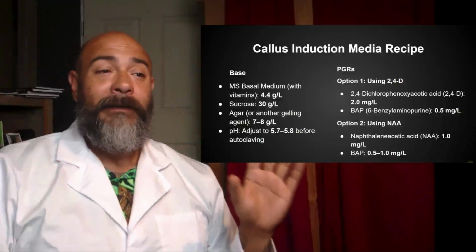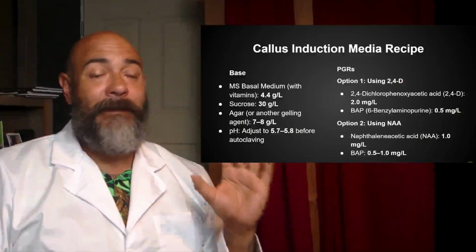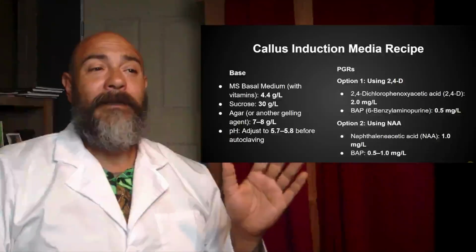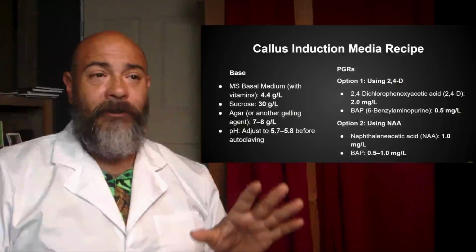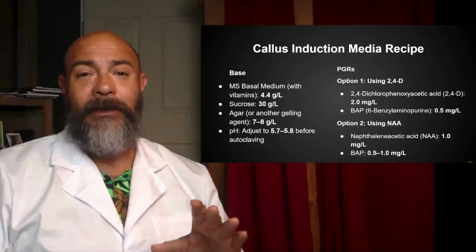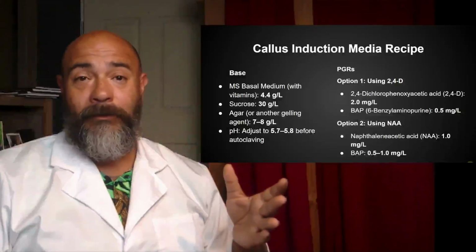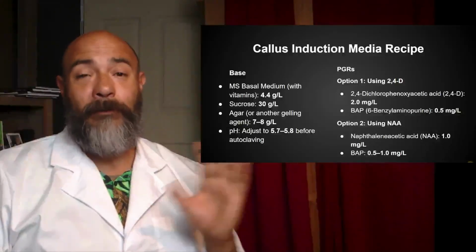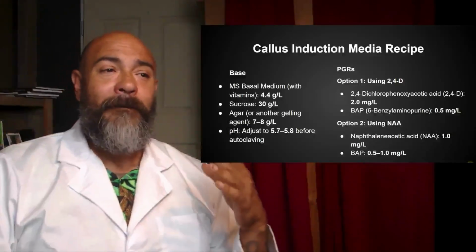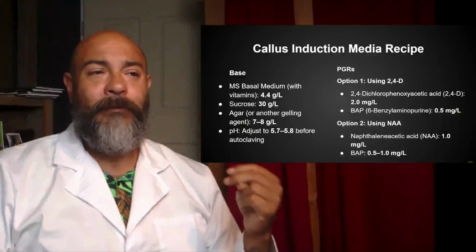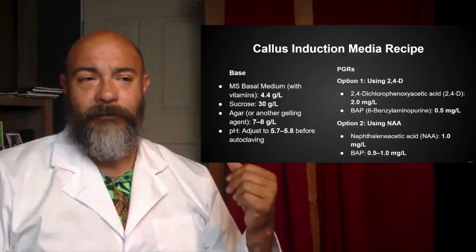mixture. Now, I will tell you, because you are using a different type of PGR, the PGRs that we're going to be discussing in this module cannot be autoclaved. They are not co-autoclavable. You must syringe filter them, and we'll discuss that in just a moment. But you have a couple of different options when it comes to adding your plant growth regulators.